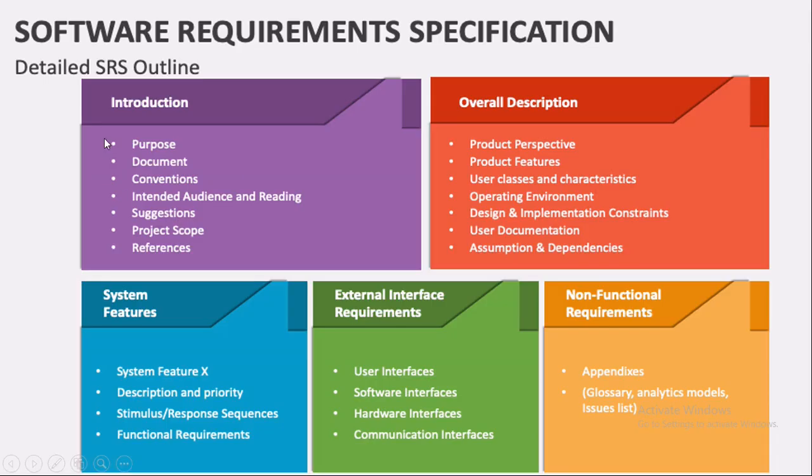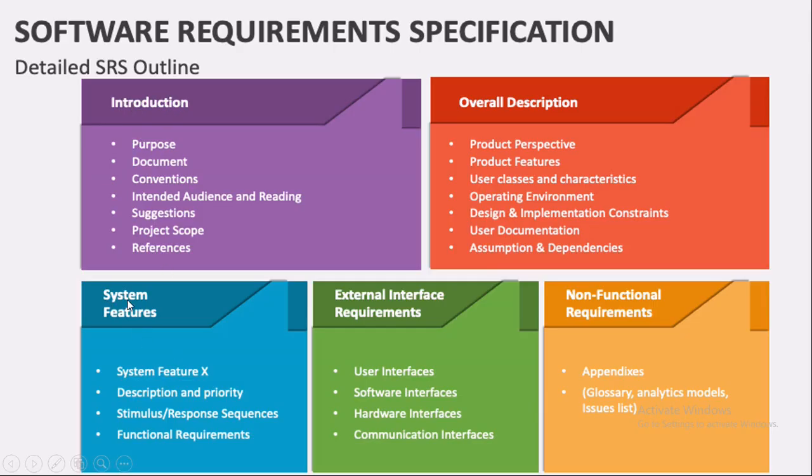You can see here, the first part is the introduction. In the introduction we are going to cover the purpose of our system, then the scope and definitions, then any conventions, suggestions and references you have for your software. We are going to write that in the introduction part.